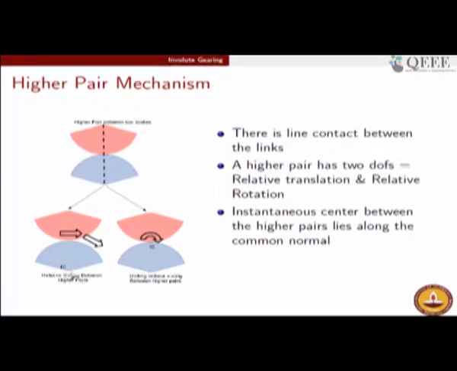So, using all that analogy, you would have looked at your elementary kinematics discourse, that there are two types of instantaneous center that are possible in a higher pair mechanism.